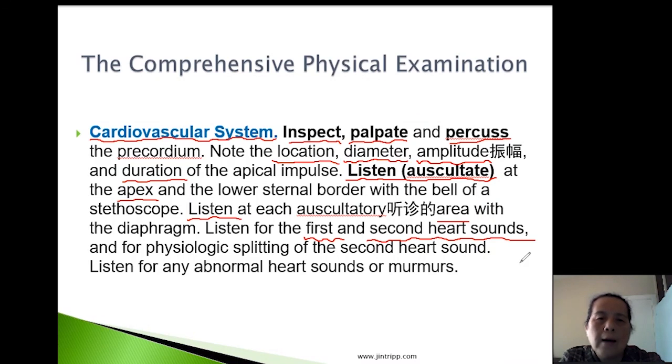These 2 sounds are a little bit different, but that's the normal sound. We'll still talk about detail later. And then we try to find out if there are any abnormal sounds. So that's basically how we check the heart.